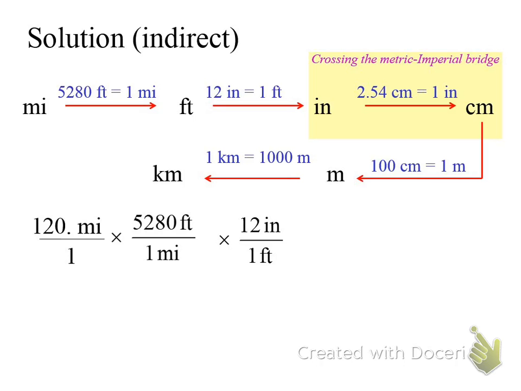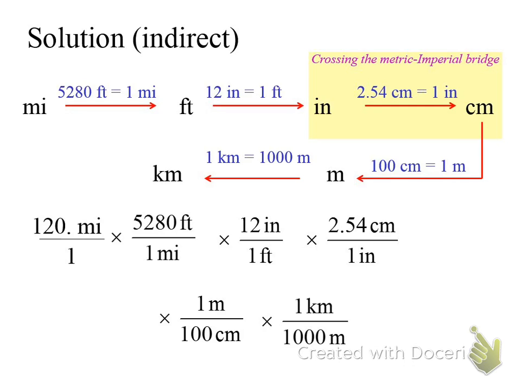Then we want inches to cancel, so we'll go 2.54 centimeters over 1 inch. That's our fourth term. Then we want centimeters to cancel, so we'll go 1 meter over 100 centimeters. And then we want meters to cancel, so we'll go 1 kilometer over 1,000 meters.